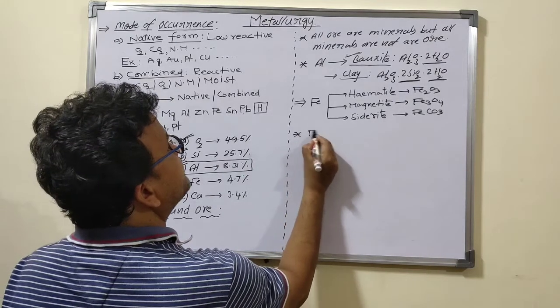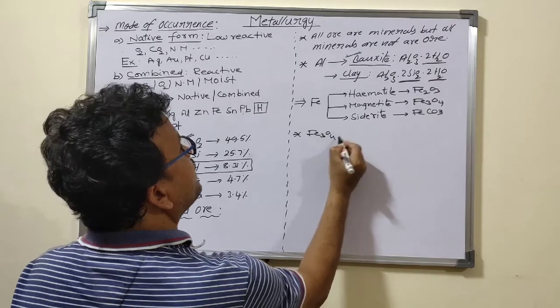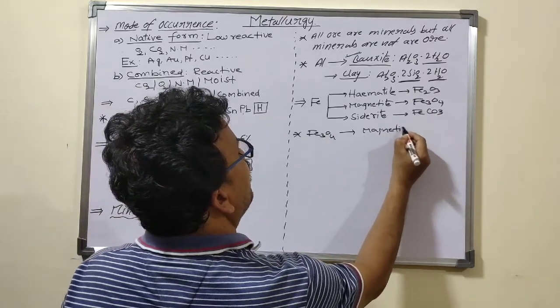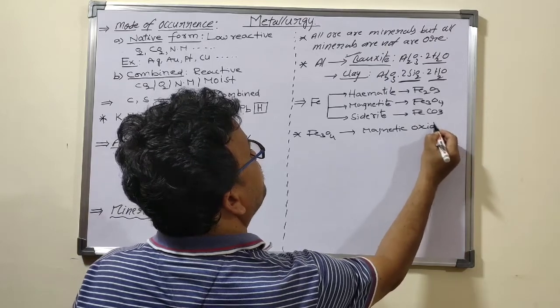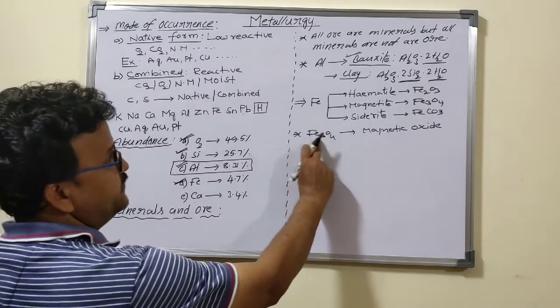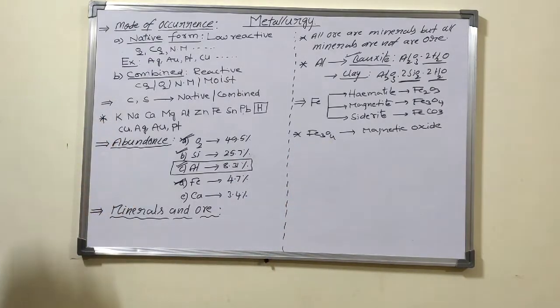This Fe3O4 we are calling magnetic oxide, also important for competitors. Which iron oxide or iron mineral is called magnetic oxide? That is Fe3O4, that is magnetite.